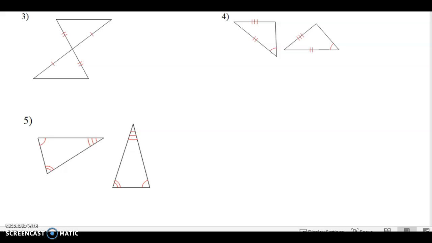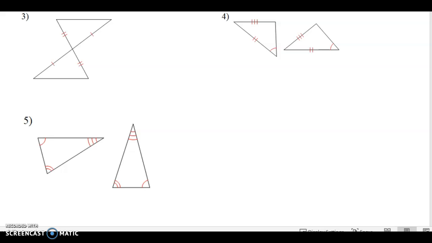For our next 3 examples, we're going to look at triangles where we might need to add some extra information. We might need to really parse what we're looking at to see if we actually do have congruent triangles. Now, for question number 3, I can see 2 sides, but I don't know anything about the third side. It doesn't show any markings, so I can't assume that it's congruent.